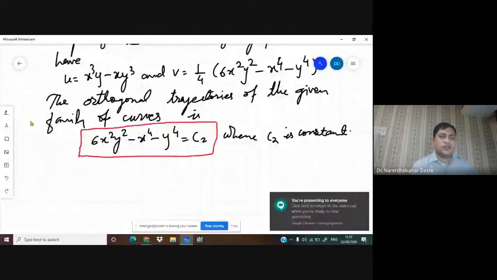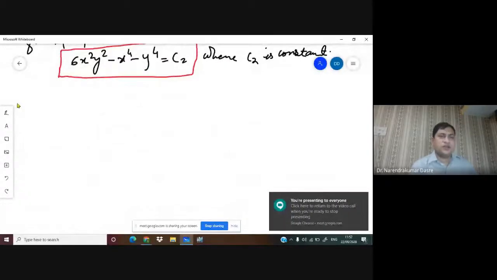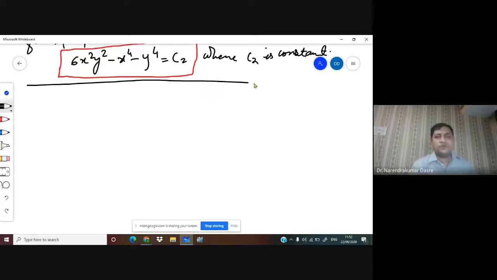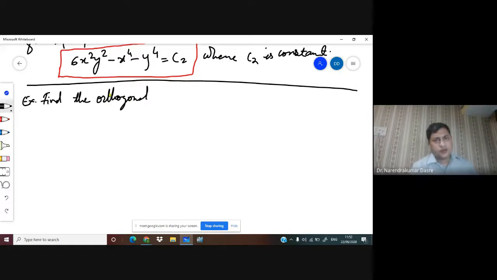Okay, so we'll consider another example. Find the orthogonal trajectories of the family of curves.